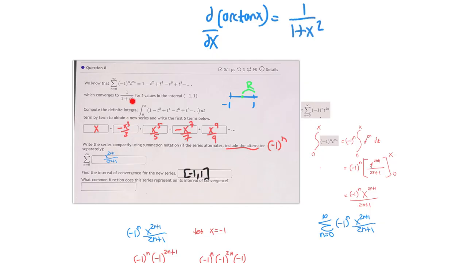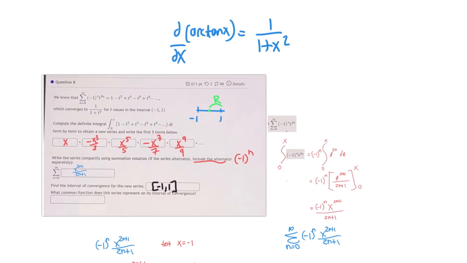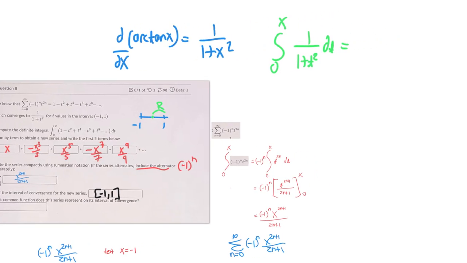Now this says 1 over 1 plus t squared, but to be more precise, we could say that the integral from 0 to x of this, dt, is going to equal arctan of t from 0 to x.